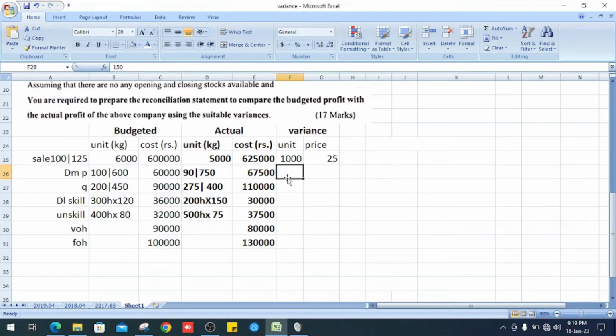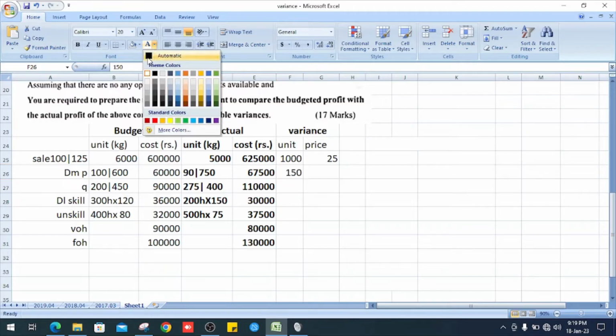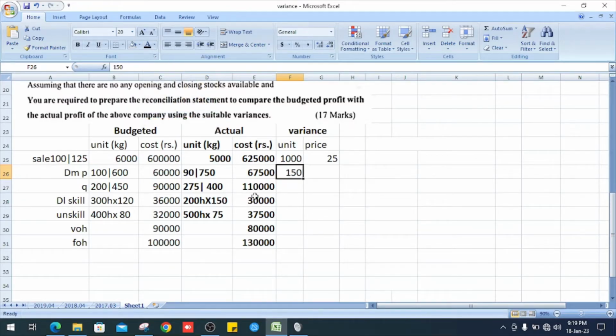Now our direct material P units are 600 budgeted, but actually 750. So the difference is 150.